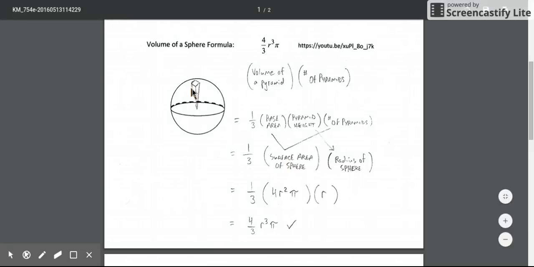The height of each pyramid is actually just the radius of your sphere. So this actually becomes a third of the surface area of the sphere, which is 4r squared times pi, times the radius of the circle. And when you put that all together, you now have 4/3 times r cubed times pi.